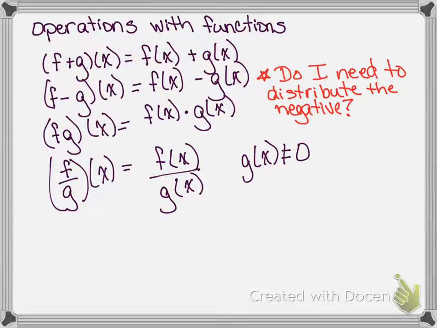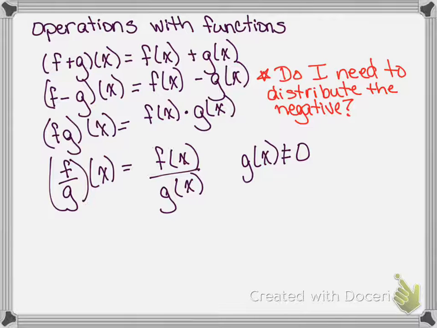You're not just subtracting the first term of g of x. G of x can have 2 or 3 or 4 terms in it, and you're subtracting all of it. So you need to figure out if you need to distribute that negative sign, because it belongs to everything inside that g of x. So that's the first area that we have to worry about.